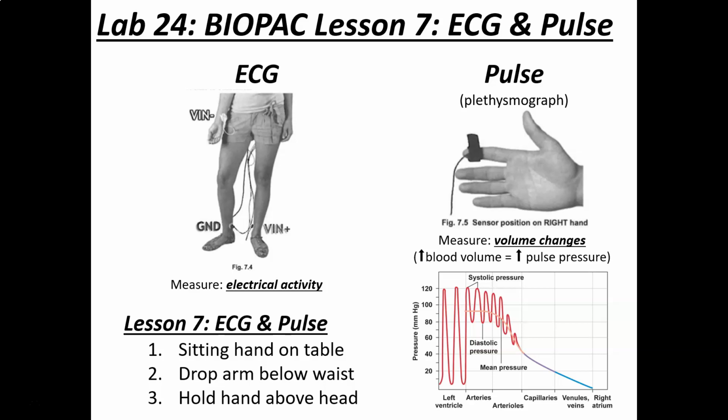So we're going to put the plethysmograph on your fingertip and measure the pad of your finger in terms of its volume changes from that pressure wave. And we're going to keep the ECG on the same way we had it on before and measure heart rate and look at the differences between those.